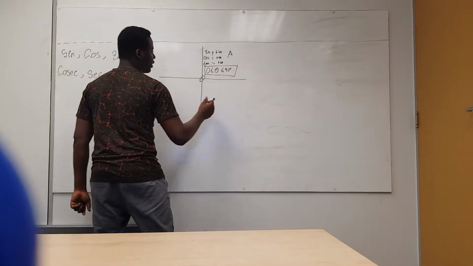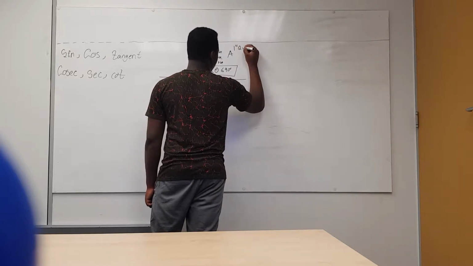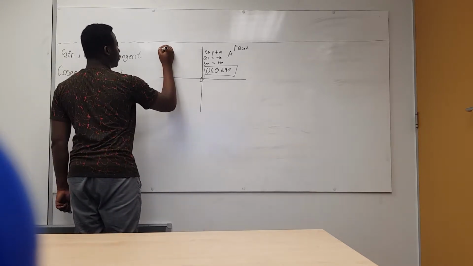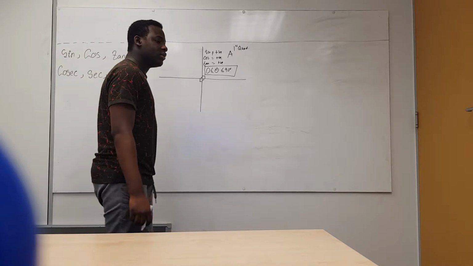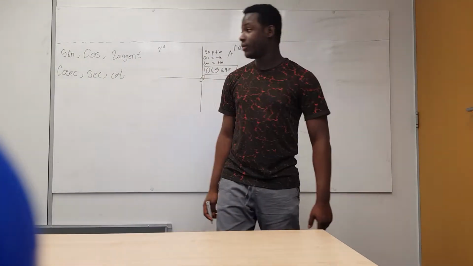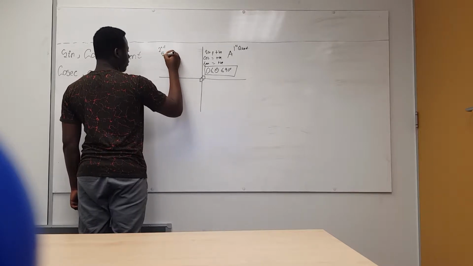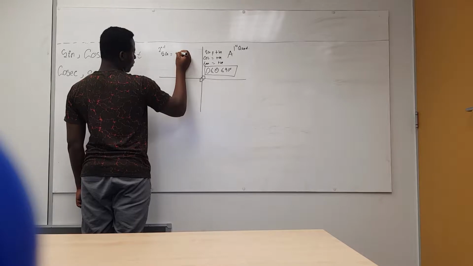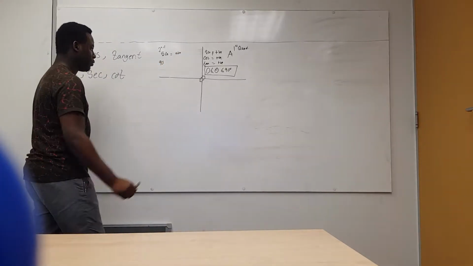In the second quadrant, so this is the first quadrant, second quadrant, only sine is positive. And the angles range from 90 excluded.